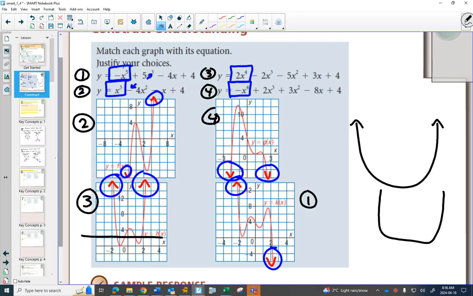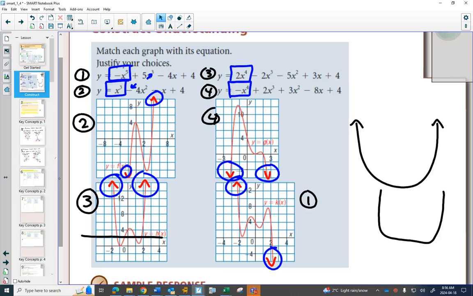That could be like an x to the 20 graph. Really flat along the bottom for a long time. So it doesn't mean that if it goes through 4 times that it's for sure an x to the 4 graph, but it has to be at least an x to the 4 graph. Both of these would have to be at least an x squared graph, but they could be much, much higher.